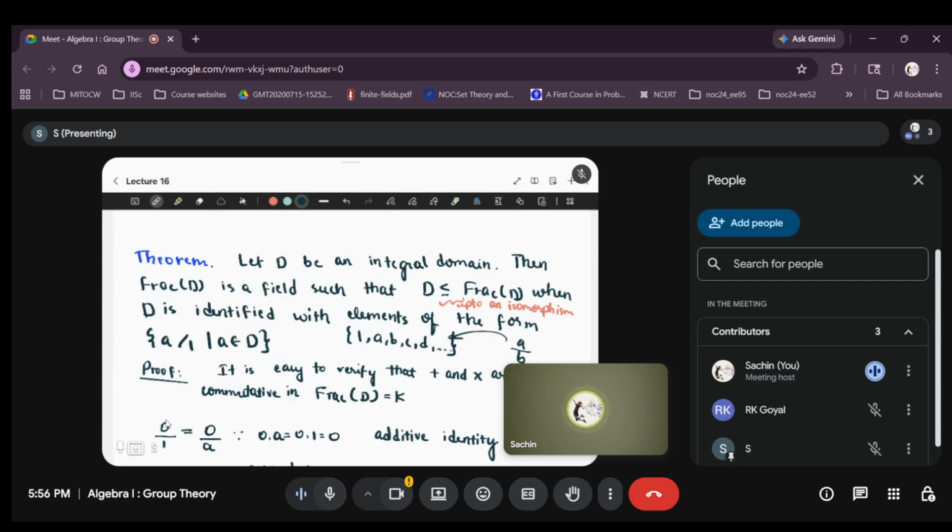It doesn't belong here. But you could, in some way, say that this set is a subset of that set by picking B equal to 1. You could say A is the same as A by 1 for all intents and purposes, even though they are not actually the same.